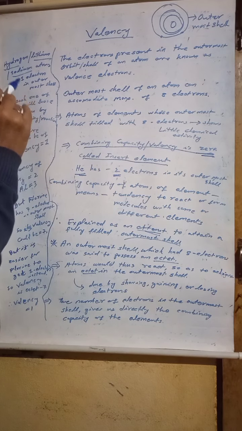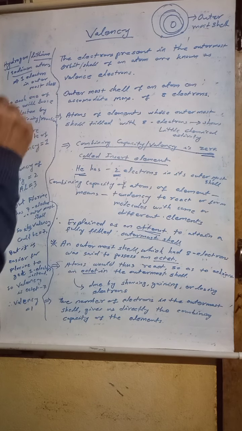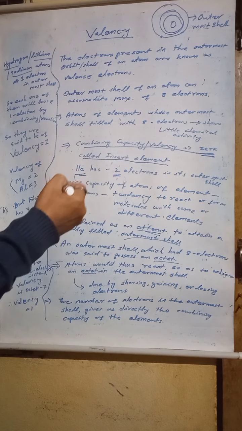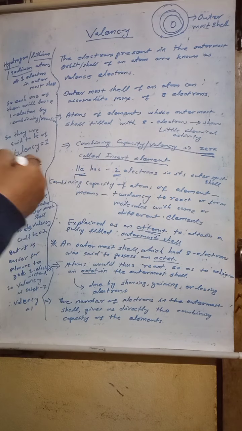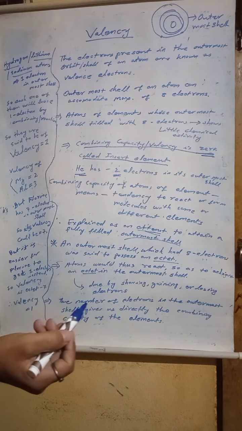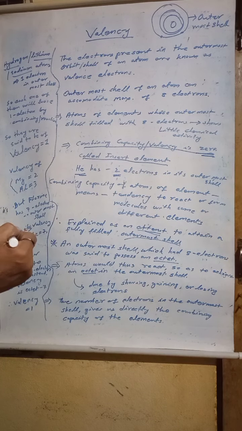The maximum is 8, and now it is 2, 3, 4. That means it has more tendency to lose than to gain to attain the octet condition. So, when to lose, when to gain?